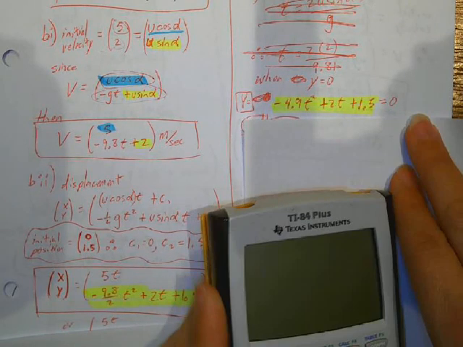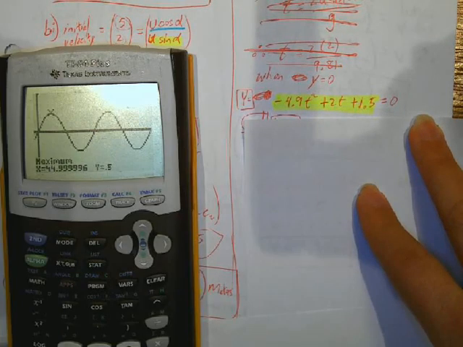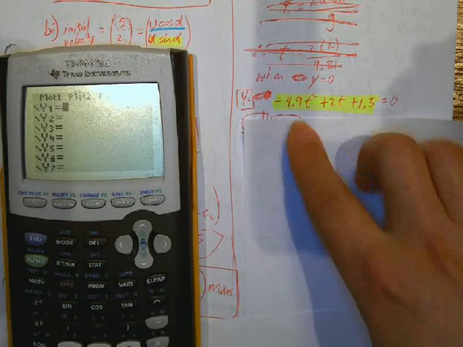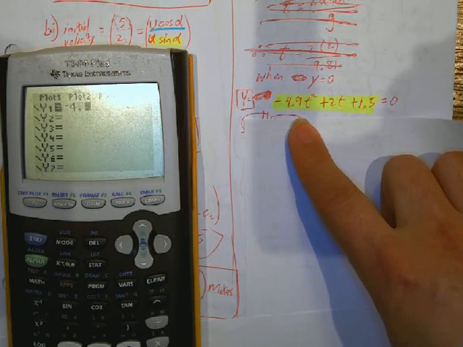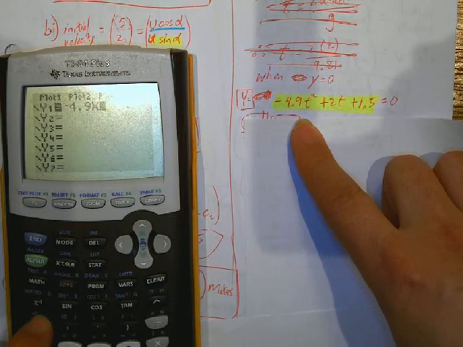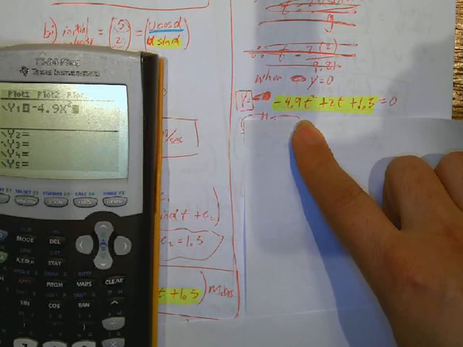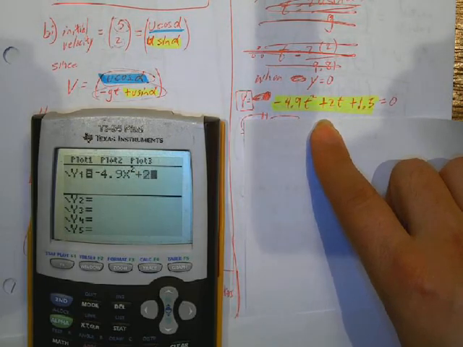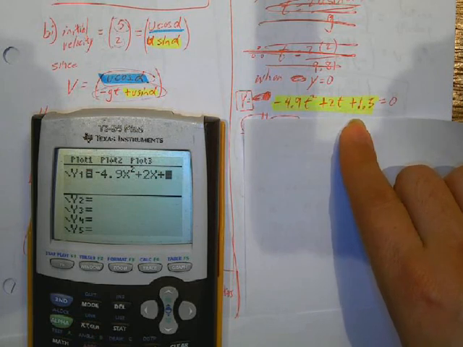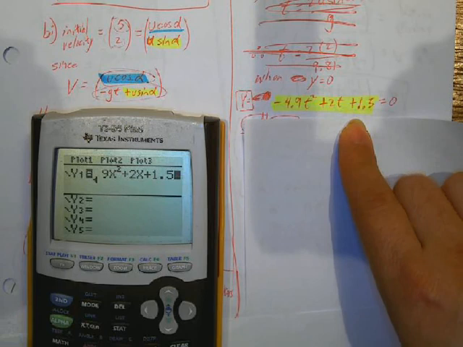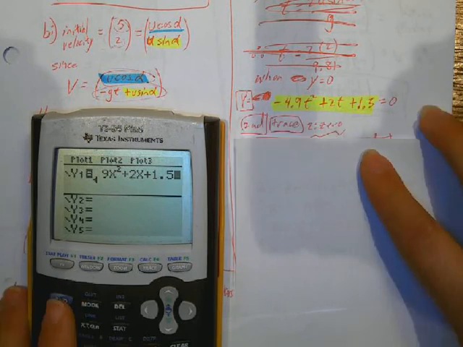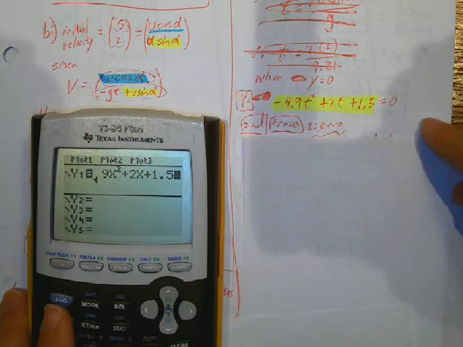So if I plug this into my calculator, clear, negative 4.9 x squared plus 2x plus 1.5, because we started at 1.5 height, and then I'm going to need to change my window.